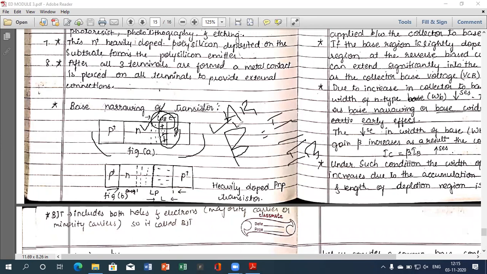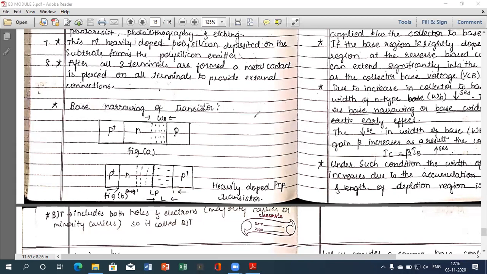This increases because the base current IB starts reducing. When the base current is reducing, the collector current, which directly depends on beta, also increases. This is what happens when the base gets narrow.